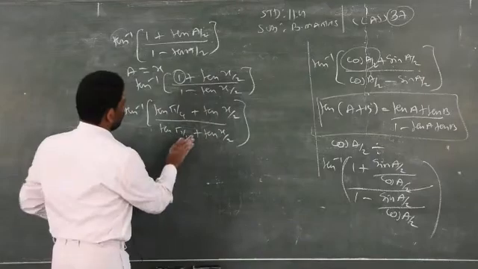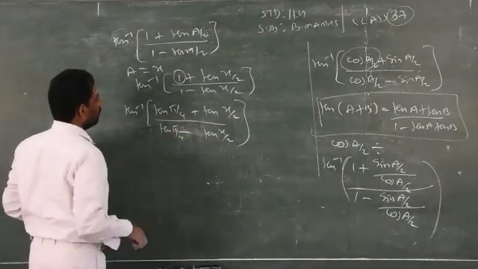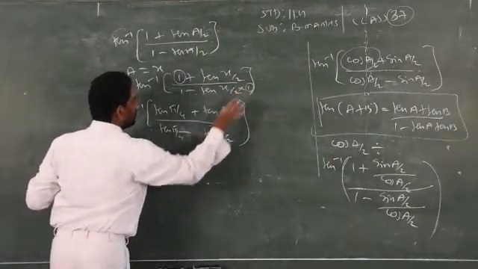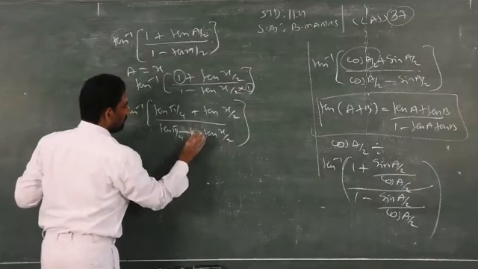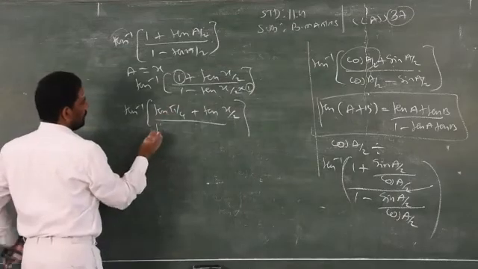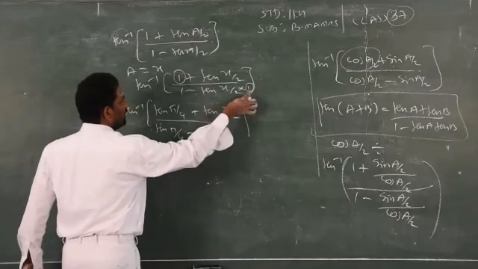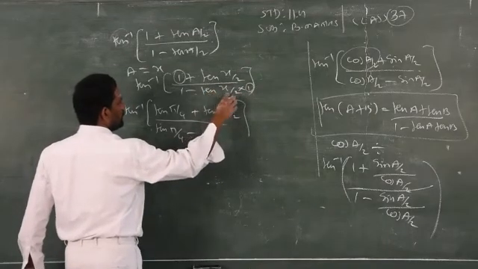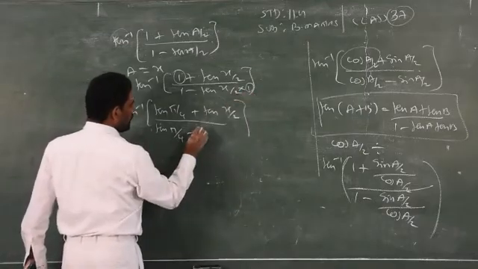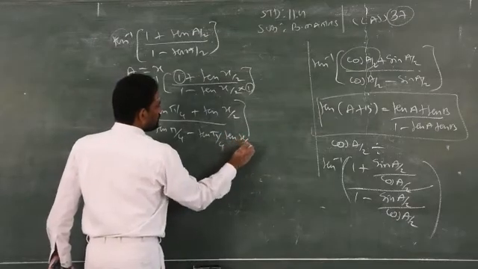This 1 is replaced by tan pi by 4. For my convenience I can write tan x by 2 into 1. If you multiply anything by 1 there won't be any changes. This 1 is also replaced by tan pi by 4 into tan x by 2.